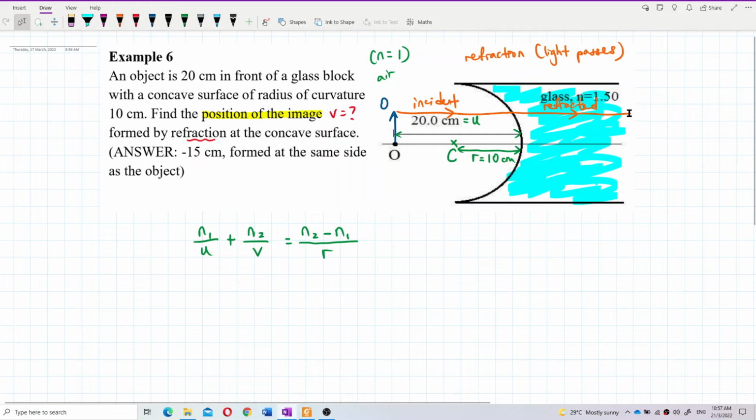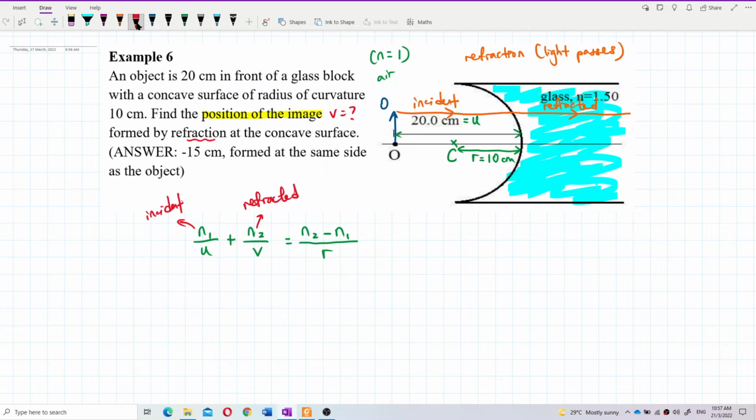So where is the n1? n1 is always with the incident ray, and n2 is always with the refracted ray. If the light comes from the air into glass, air is n1, glass is n2.